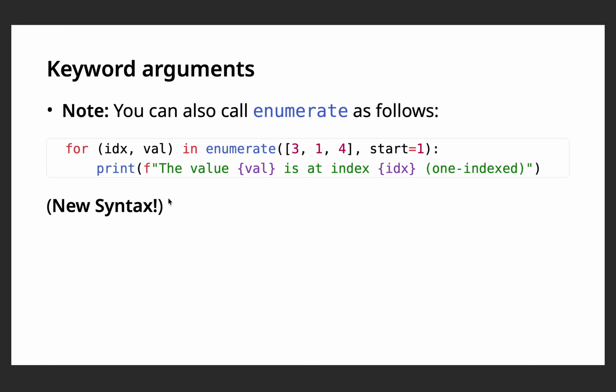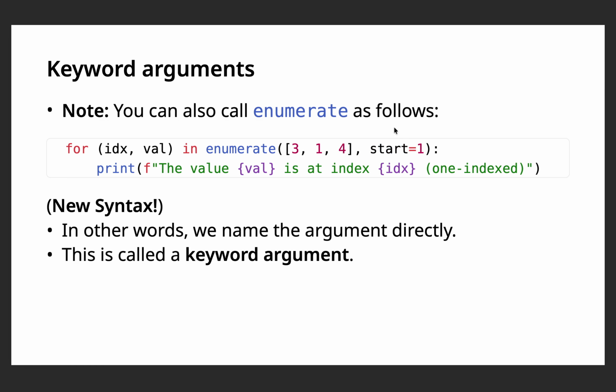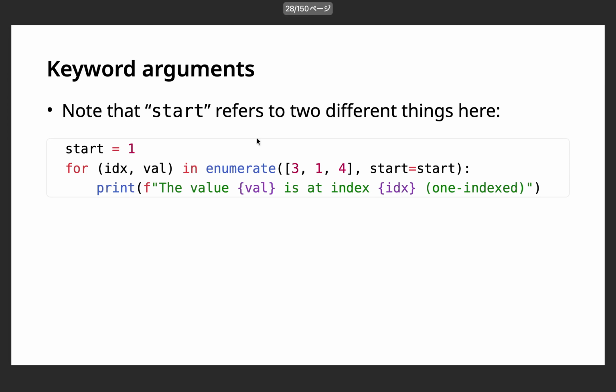So this part over here, where we explicitly write out the argument name, we have an equals, then we have its value, is actually new syntax. We name the argument here explicitly. And when we do that, this argument here is what we call a keyword argument. Just to make that clear, in this example the start is a keyword argument here.